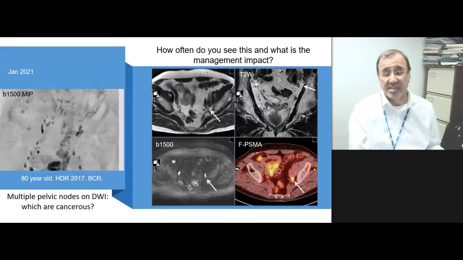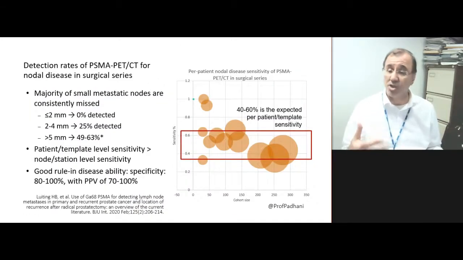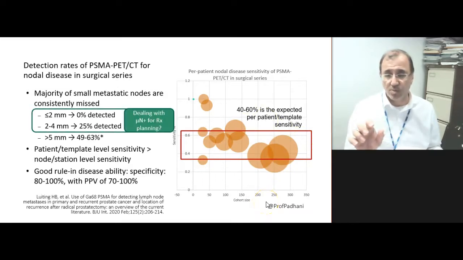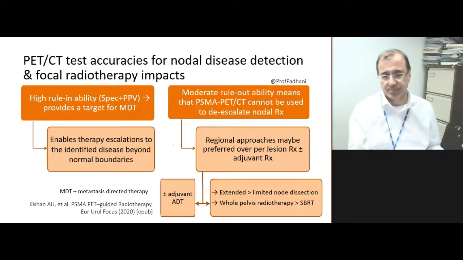Well, that depends on the sensitivity compared to a surgical series. Now, when you compare PSMA for lymph nodal disease in surgical series, you'll see that its sensitivity is only 40 to 60%. And you can see that over here. Indeed, it looks as though the smaller lymph nodes, less than 4 millimeters in size, are consistently being missed. So how do you deal with what you don't see?